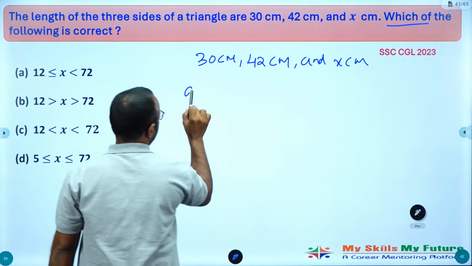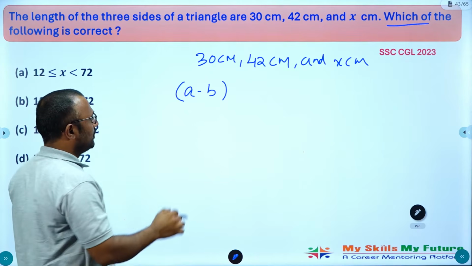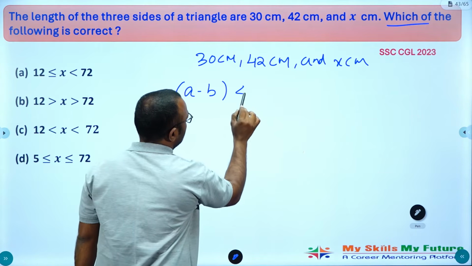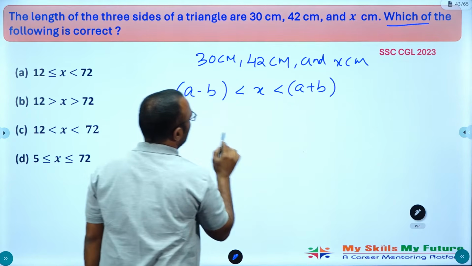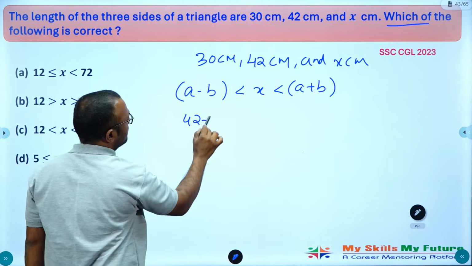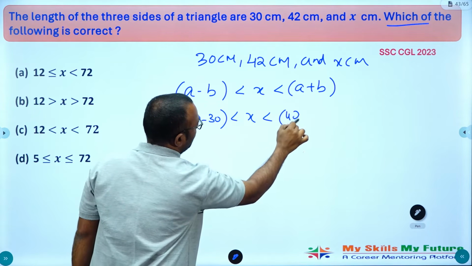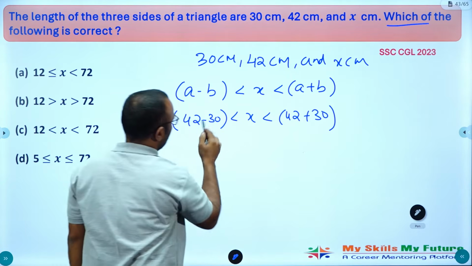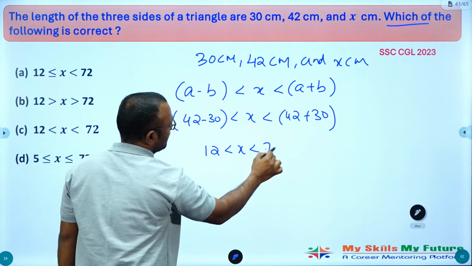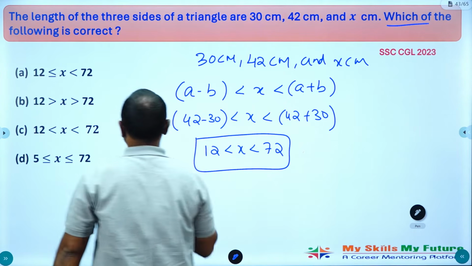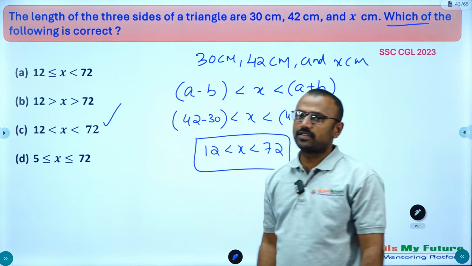For sides A, B and C, we know the condition A minus B is less than x less than A plus B. So here, 42 minus 30 is less than x less than 42 plus 30. 42 minus 30 gives 12, so 12 is less than x less than 72. Which option is correct? Option C is correct: 12 less than x less than 72.